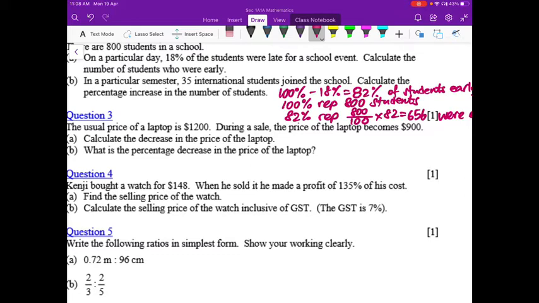There was an increase, right, Brian? Was there an increase? How much was the increase? How many students joined? Yeah, 35 students joined. So there was an increase. Brian, talk some more. So what is the percentage increase now?